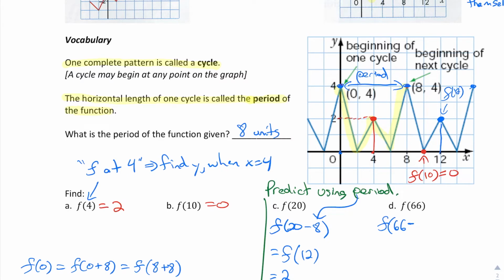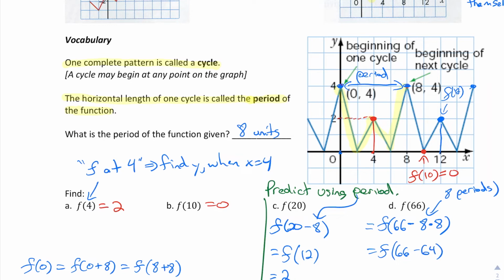For f at 66, what I need to do is subtract a whole bunch of periods away. Knowing that the period length is 8, there are multiple answers you can get to this. I basically want to get to where I can see it on the graph. My graph goes from about -4 all the way to 16. So what if I just subtract 8 periods away?